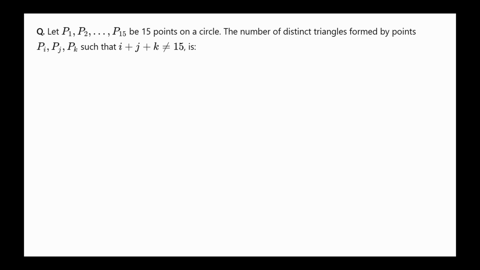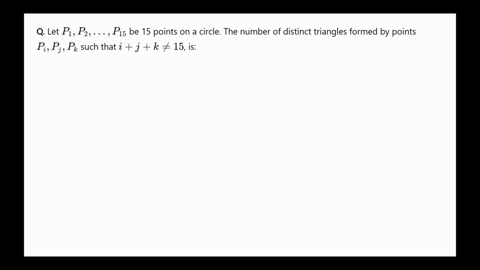If P1, P2, up till P15 are 15 points on a circle, then find the number of distinct triangles formed by Pi, Pj, Pk such that i plus j plus k is not equal to 15. So we have to count the triangles such that the sum of these subscripts does not equal 15. Apart from 15, we have to consider each and every triangle.